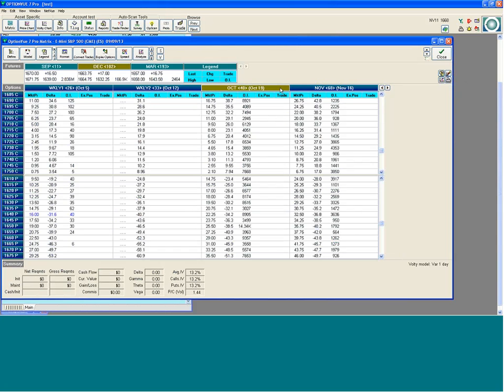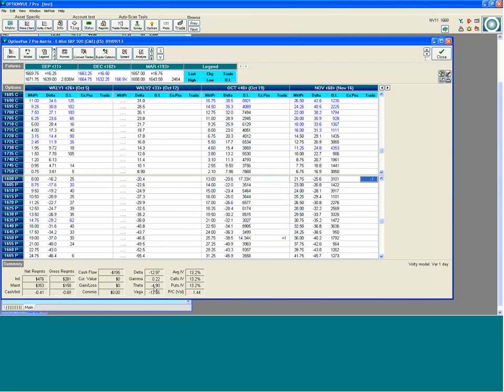And since it's with puts, let's say we purchase the 1650 put, and we sell the 1600 put. This is 13 deltas negative.